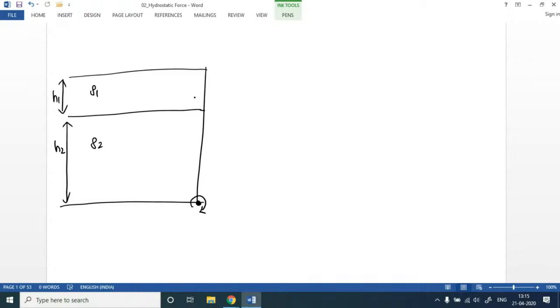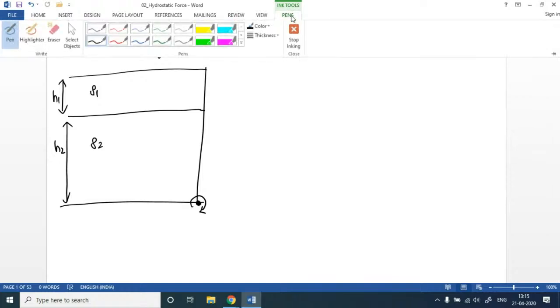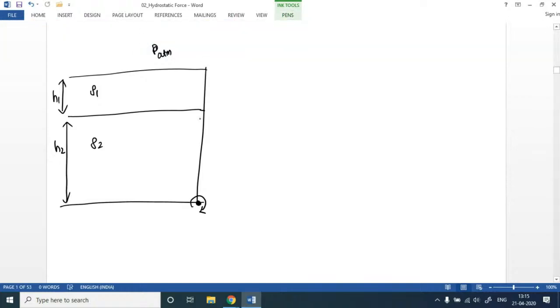Okay, so first of all there would be the force due to the atmosphere, like this PATM you can say. So what would be the point of application of that? So that is going to be simply at the center of this wall, somewhere here, or you can say at a height of h1 plus h2 by 2.